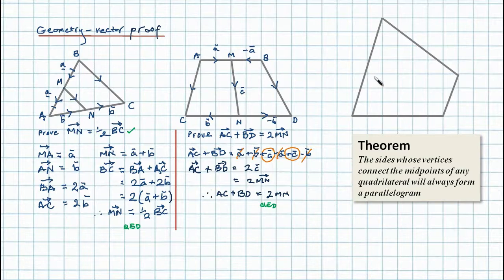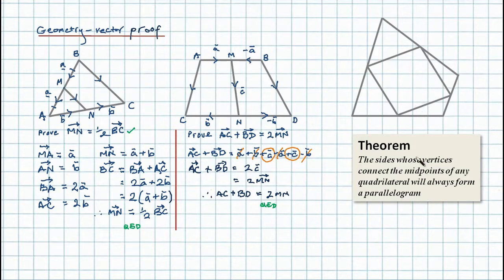So in other words, if I draw it across from here, and let's get down to this midpoint here, so join all the midpoints together, and this one here. Okay, so the sides whose vertices connect the midpoints of any quadrilateral, so that's the outside figure here, will always form the inside figure, which is a parallelogram. So any quadrilateral, you'll always get a parallelogram, I should say, in the middle.